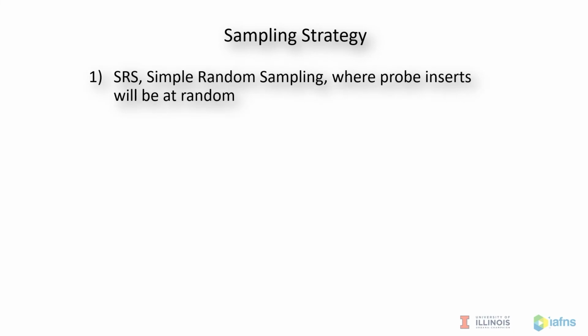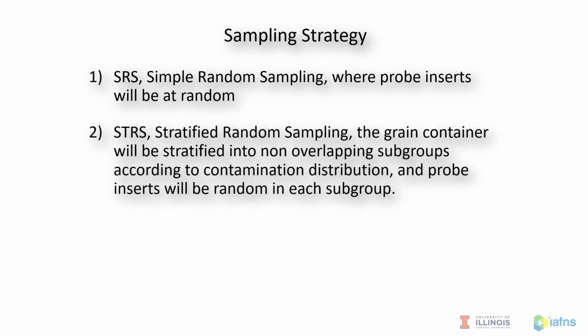The app has three options. The first one is simple random sampling, where the probe inserts will be at random and all selections of the bin are equally likely to be selected. The second one is stratified random sampling. In this sampling strategy, the grain container will be stratified into non-overlapping subgroups according to the contamination distribution, and probe inserts will be random in each subgroup.